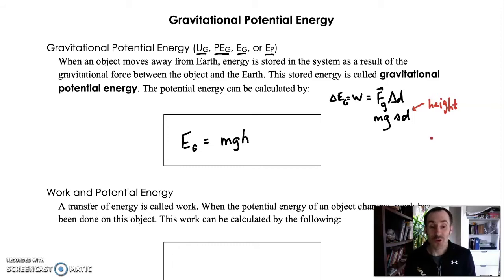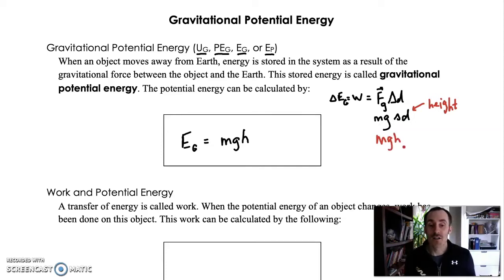Okay, and that's where our formula comes in. So the change in gravitational potential energy is work. Work is mass times 9.8 times the height you've moved above the Earth. And assuming that your initial height was 0, assuming that your initial gravitational potential energy was 0, then your formula for gravitational potential energy is just exactly this, mgh.